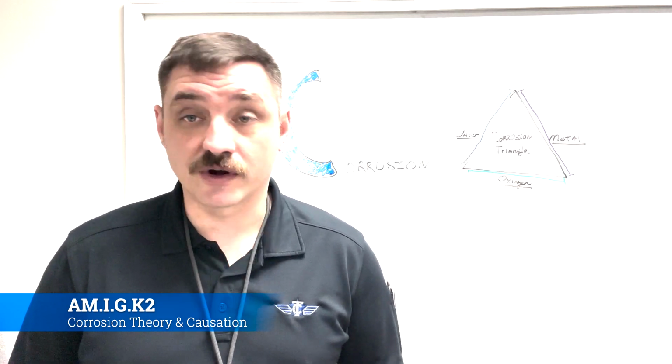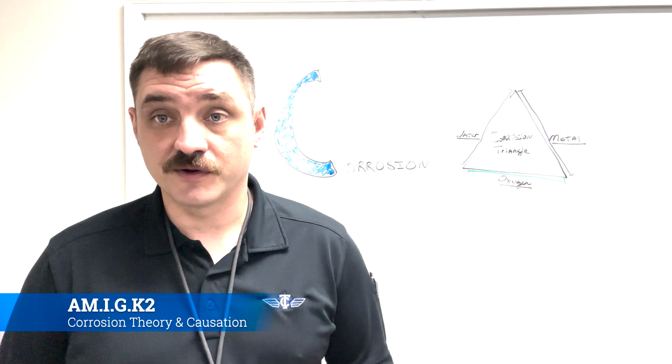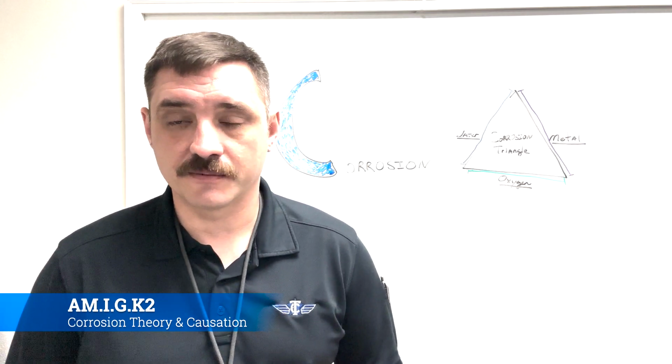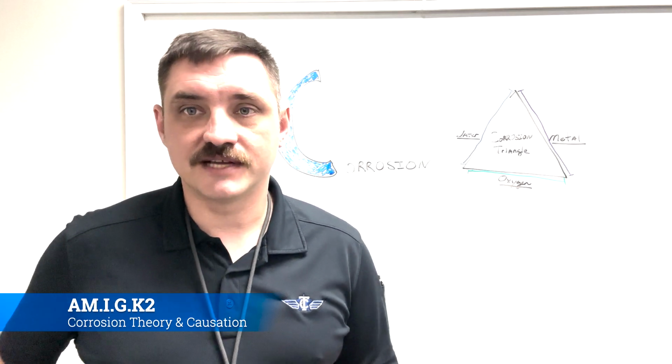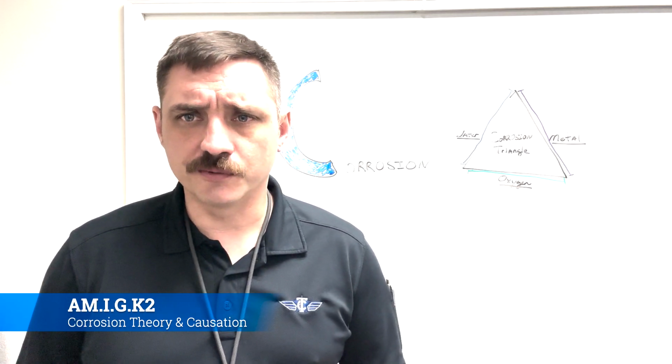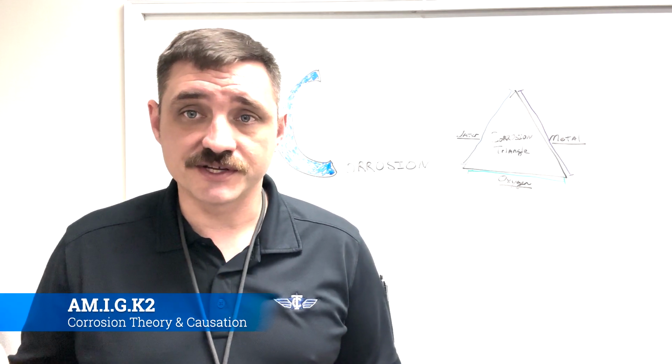Heat treatment and grain direction. There are different heat treatments. If you go back to our metallurgy talk about different grades and types of aluminum, all of that factors into its corrosion properties.